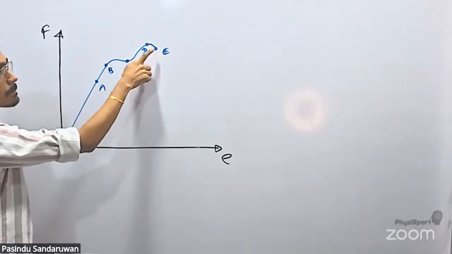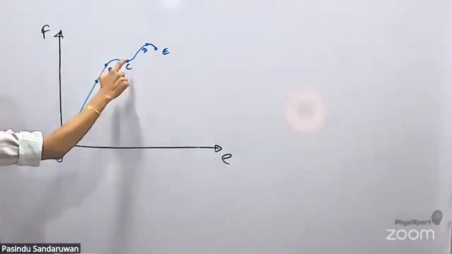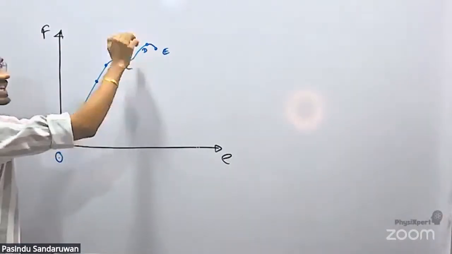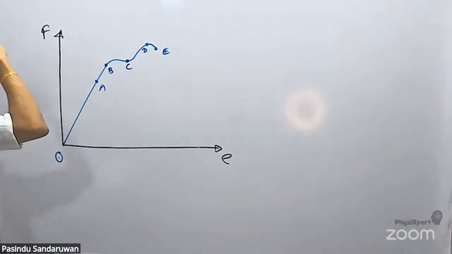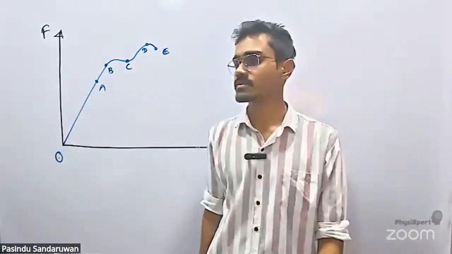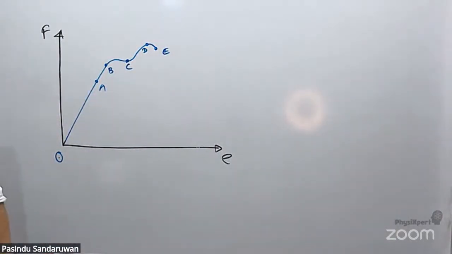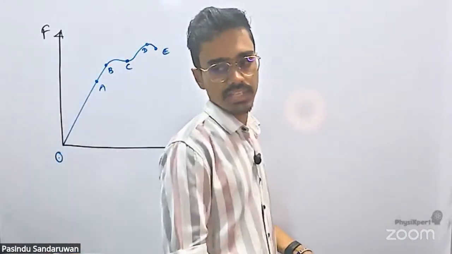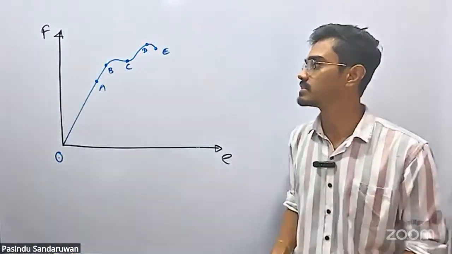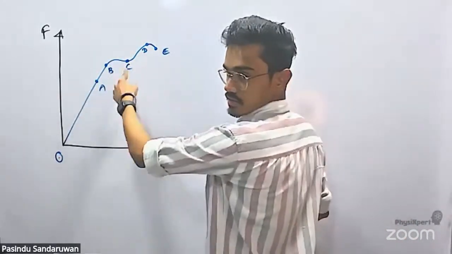Point E is below D, C is above B, and D is above B, E is below D. Copy down the exact one. Quickly. C is a little bit above B.